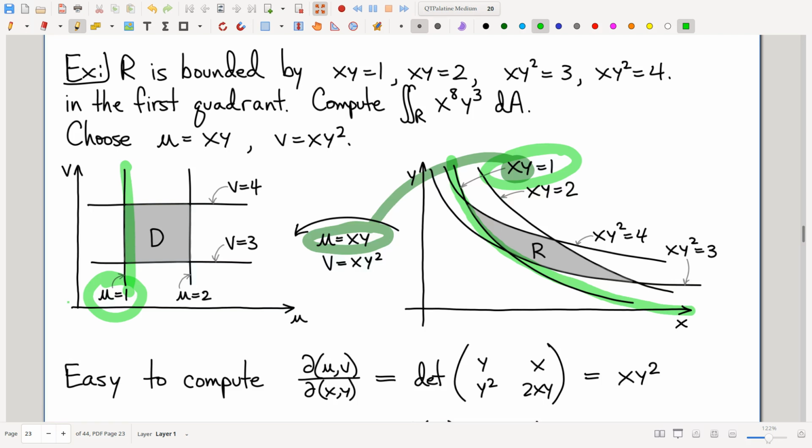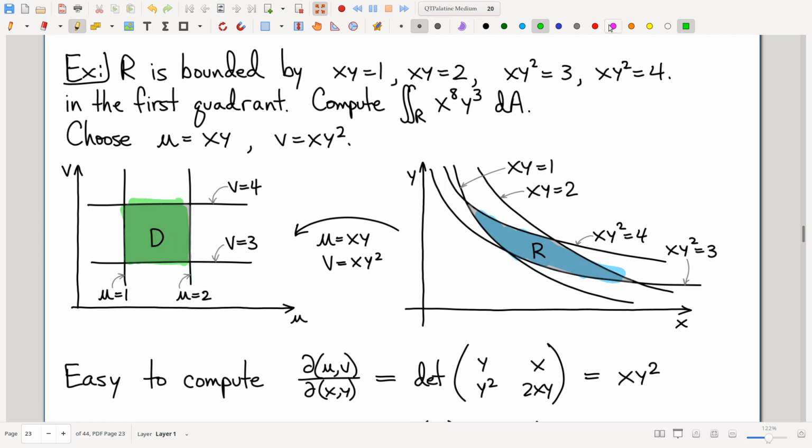And then likewise for the others. These 4 wacky curves turn into 4 lovely lines parallel to coordinate axes. It's really nice. And so then I can conclude from that this highly undesirable domain that I was given turns instead into the dream, namely a rectangle over here in my new space.